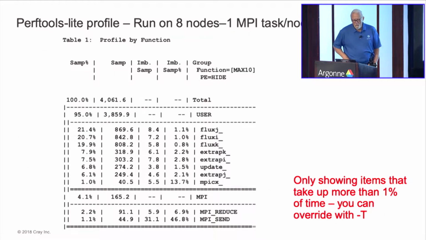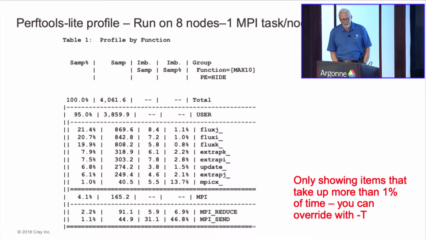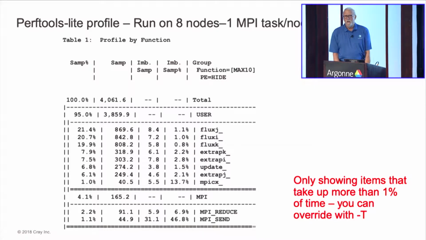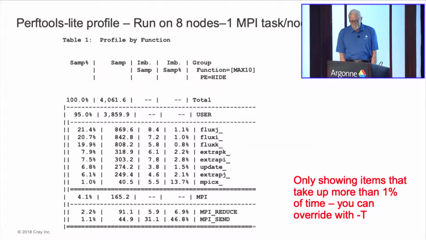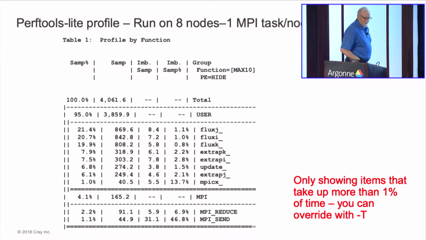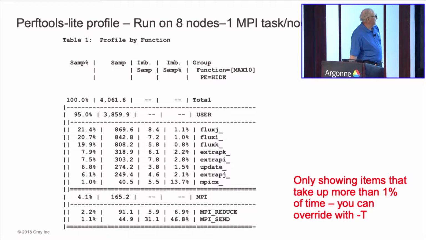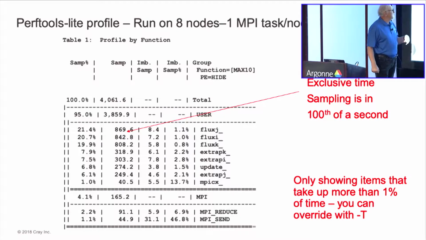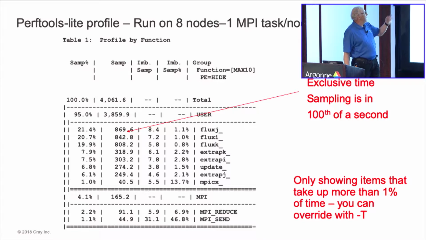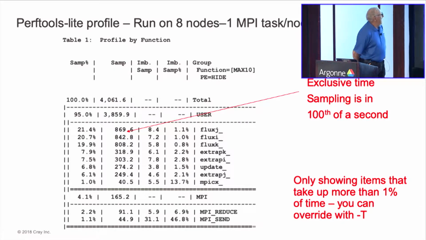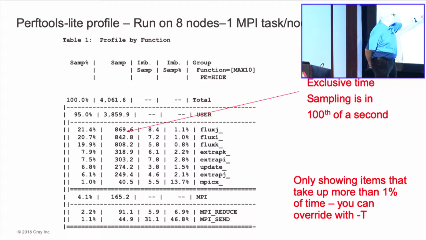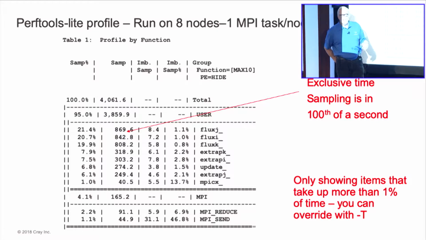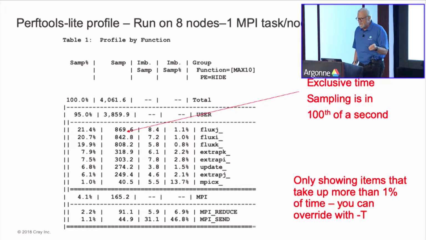So this is a Perftools-lite profile run on 8 nodes where I only use 1 MPI task per node. And it's your typical profile. Now the sampling is 1/100th of a second. So this thing ran 40 seconds. And so you can see that there are like 6 or 7 important routines.